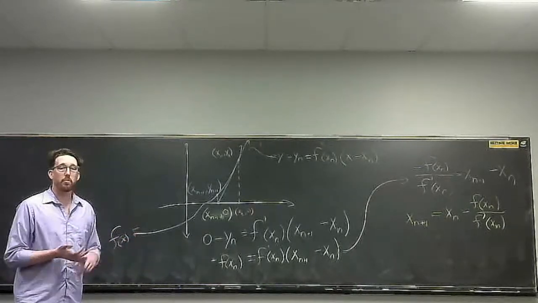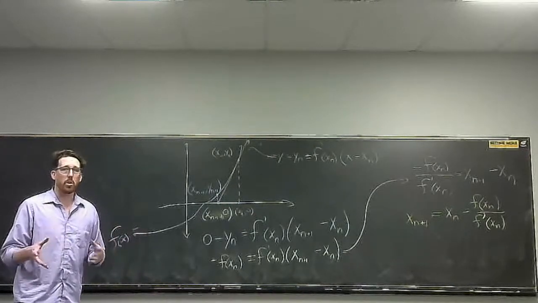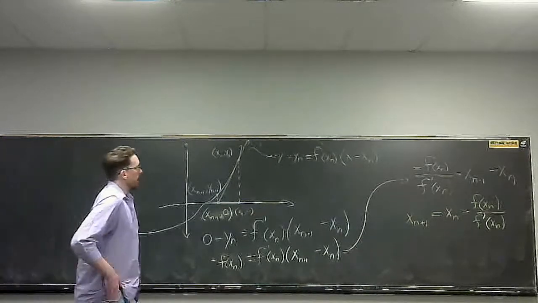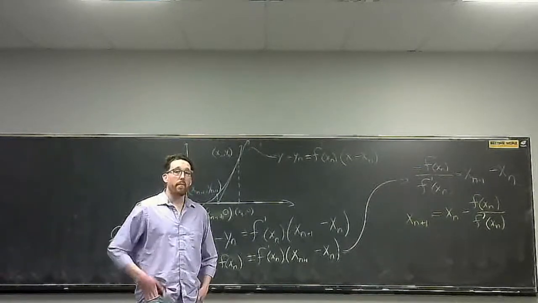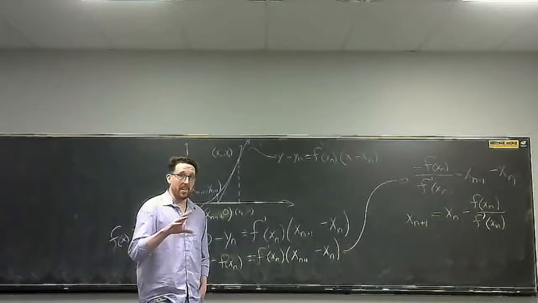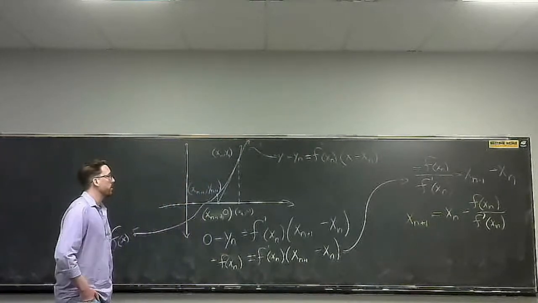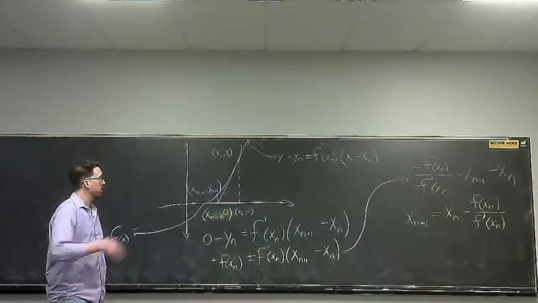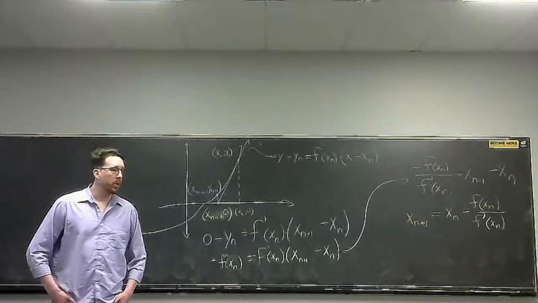They might give you a starting point, or they might tell you where the end point is and expect you to start with some sort of starting point. They might give you examples where Newton's method fails, and you need to be able to identify that. The way to identify that is really just checking, seeing if the math works out.